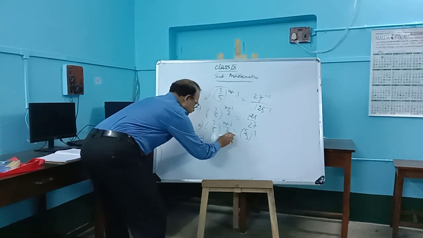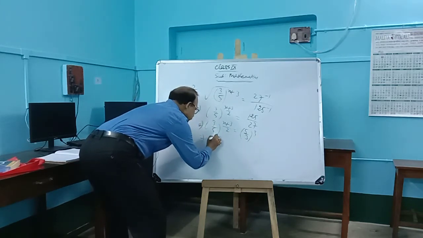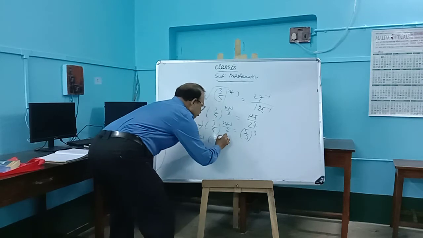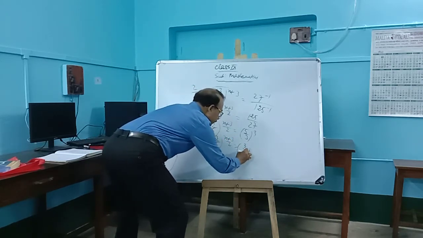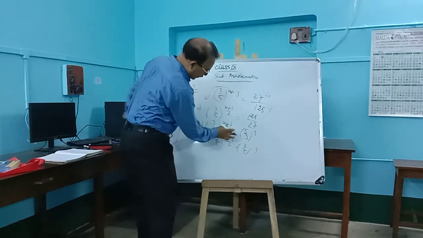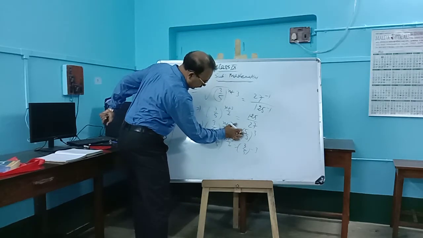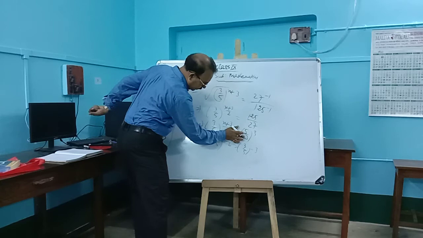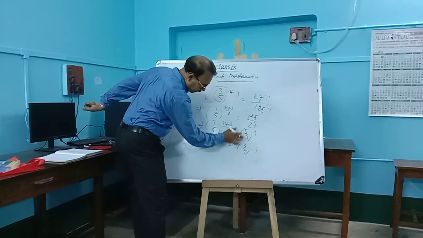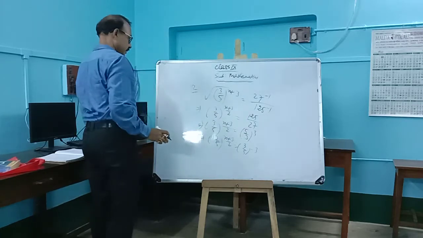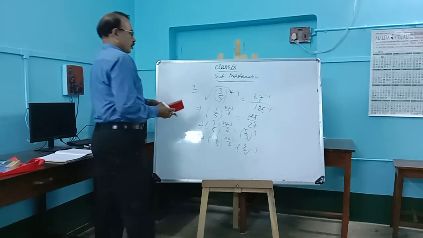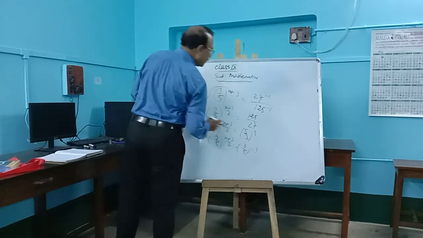We have to make the base the same, then the power will be the same. (3 by 5) to the power x plus 3 by 2 equal to (3 by 5) to the power minus 3. This will be interchanged: the denominator becomes numerator and the numerator becomes denominator, and this plus power will be minus. To make it reciprocal the sign will be changed.